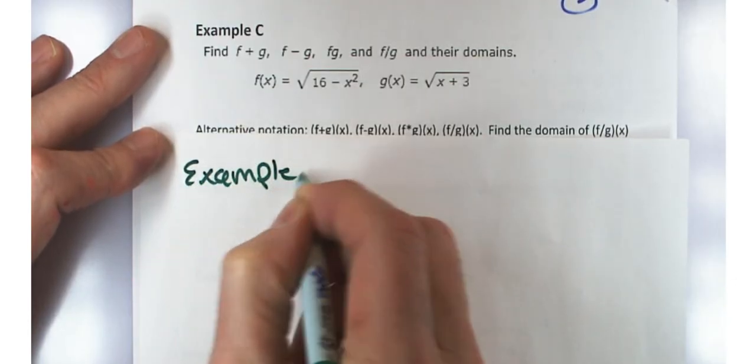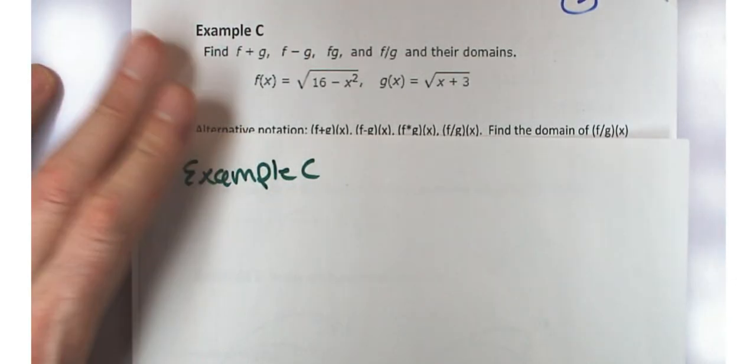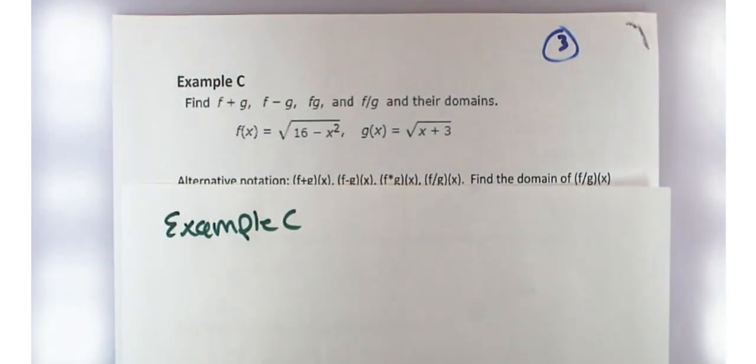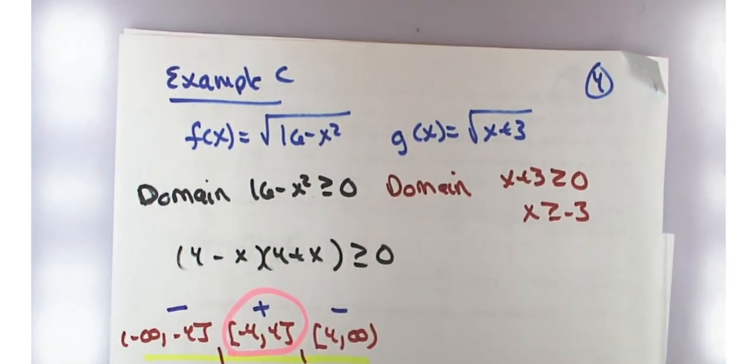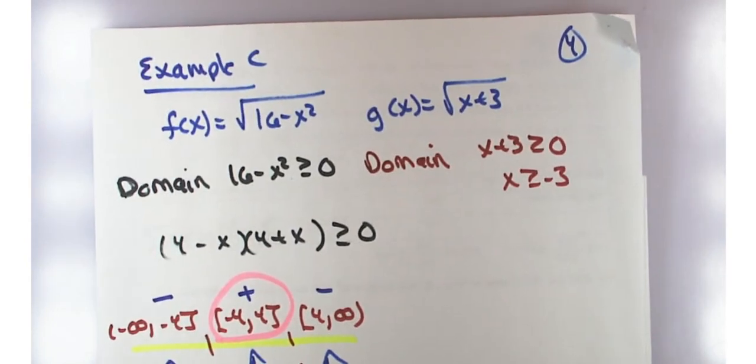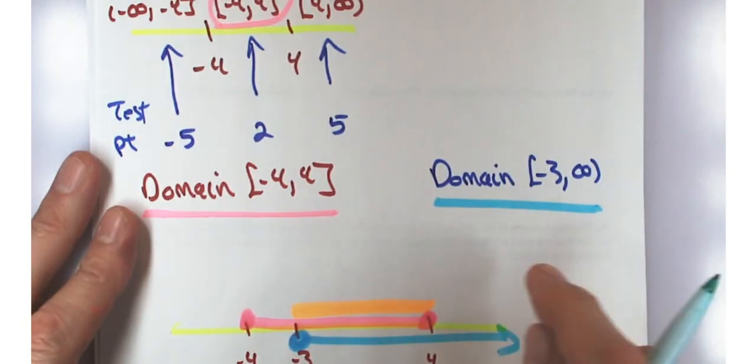Dr. Barron, I have a question. In the last example we did, f plus g, I think one of them is -3 to infinity, and it's a solid dot, right? Yes, right here. And why do we use a break when we use domain if one of them is a solid dot?